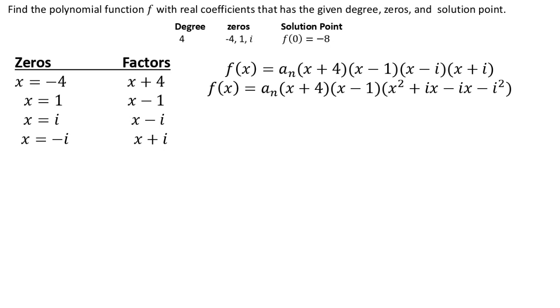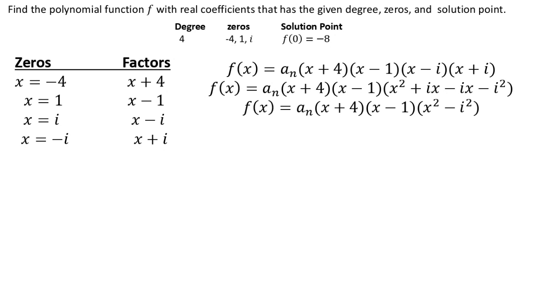Then the negative i times x gives me negative ix, and the negative i times the positive i gives me negative i squared. Then combine these terms here. The ix and the negative ix become 0. They cancel each other out. Excellent. And this gives us x squared minus i squared.